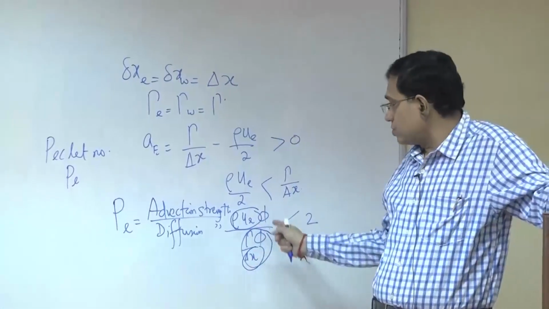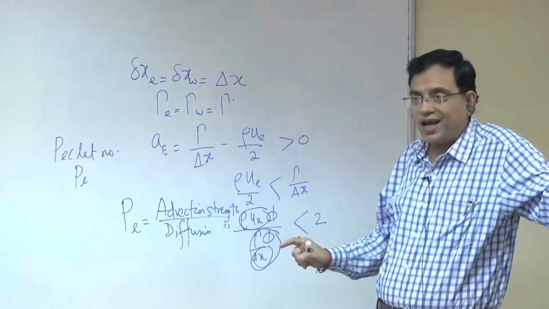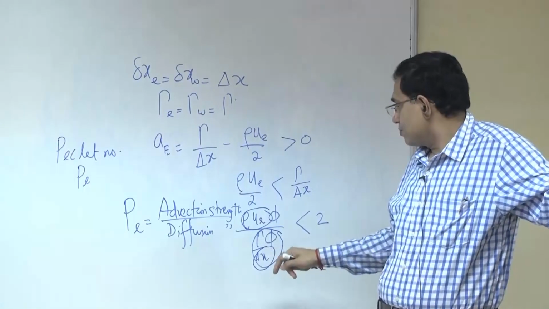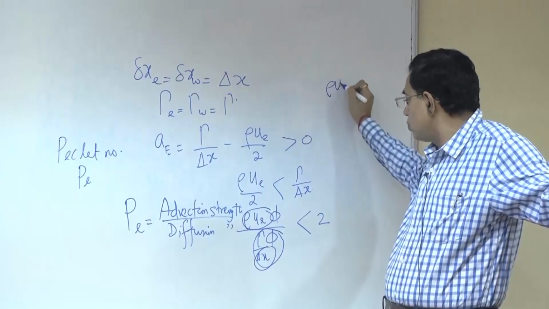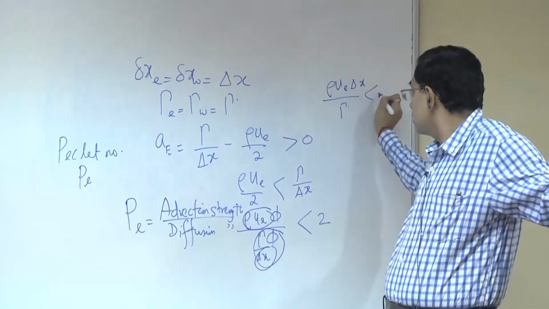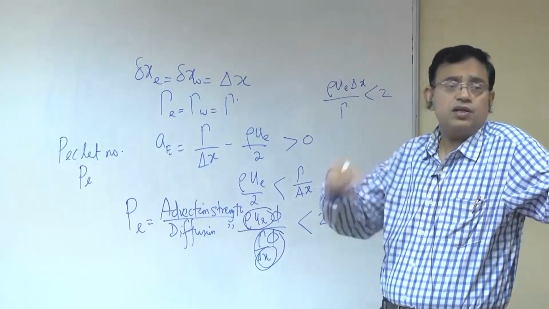So, you can see that this is like a conditionally stable scheme where your delta x. So, if you see what is its value coming? Its value is coming as rho ue into delta x by gamma. So, this has to be less than 2. So, what is there in your hand?